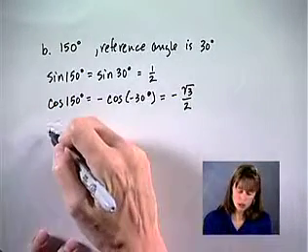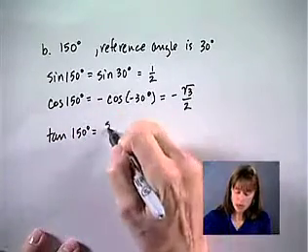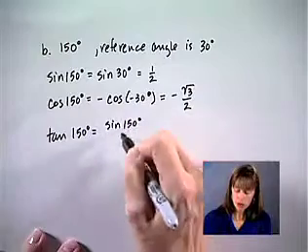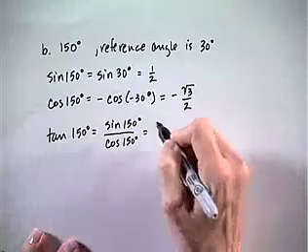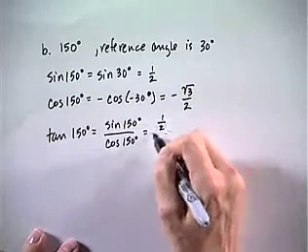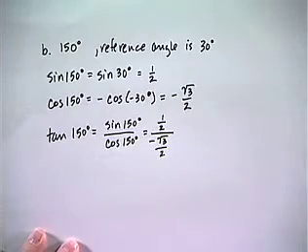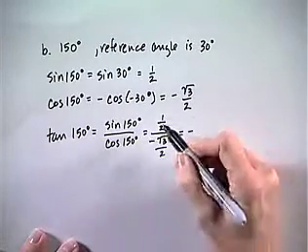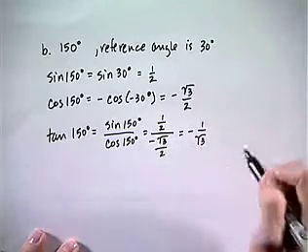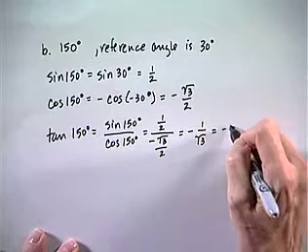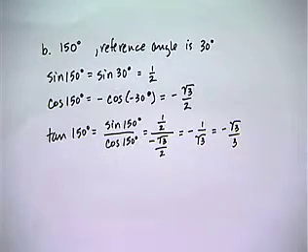Let's move on to the tangent. Tangent of 150 degrees is going to be the sine of that angle divided by the cosine of that angle. In this particular case, 1/2 divided by negative square root 3 over 2, which is going to be negative 1/2 times 2 over the square root 3, or negative 1 over square root 3, which can be written negative square root 3 over 3.